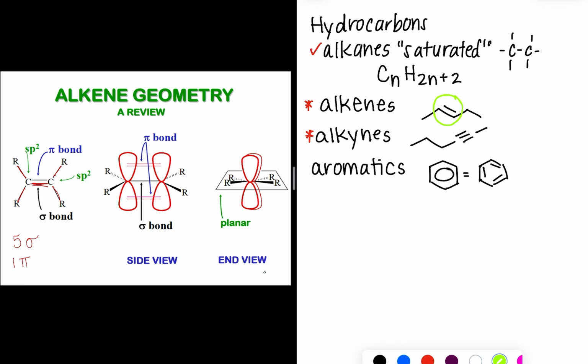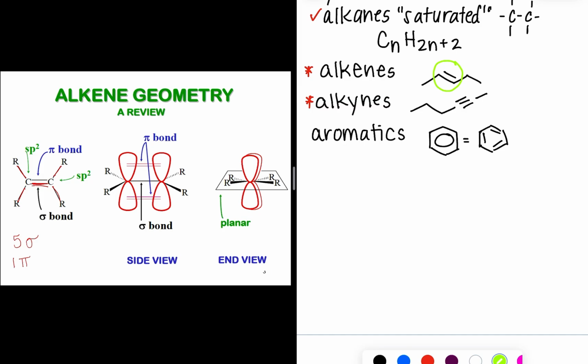The pi bond happens from an overlap of the electrons in the p orbital. So remember that when we hybridized our atoms, for carbon we would originally have, I'm going to skip the 1s, I'm going to draw the 2s and the 2p.